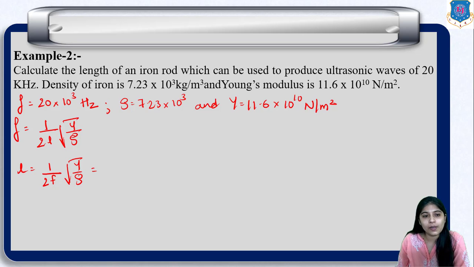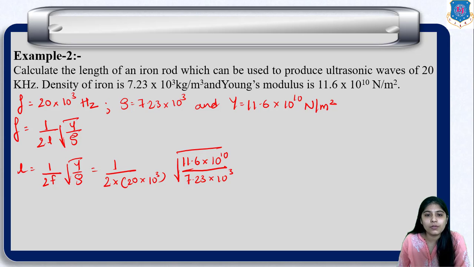Now let us substitute the value of all the parameters. Frequency is 20 kilohertz, into root of 11.6 into 10 raised to 10 whole divided by 7.23 into 10 raised to 3.